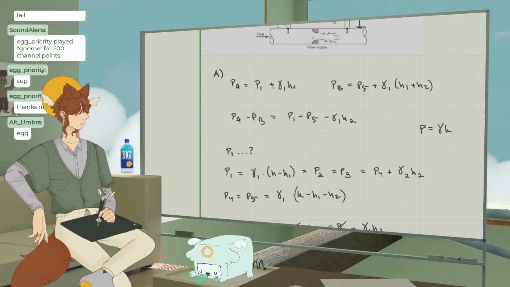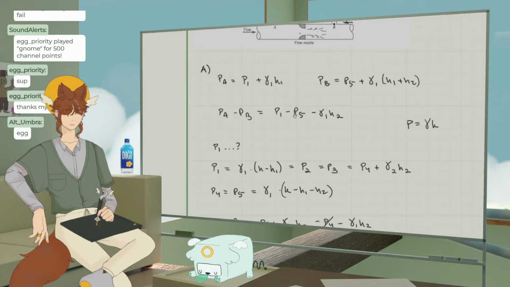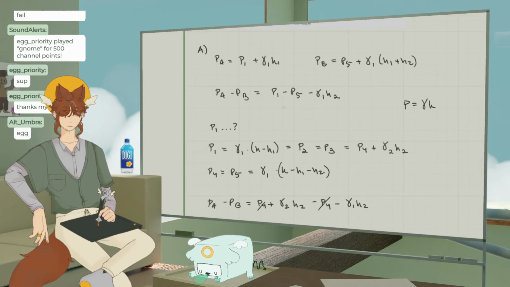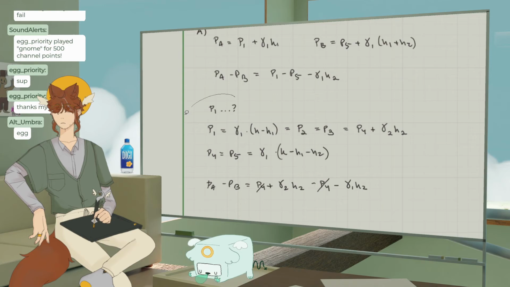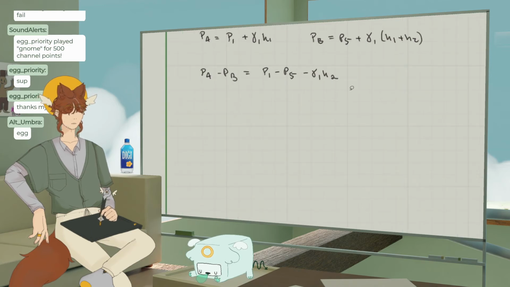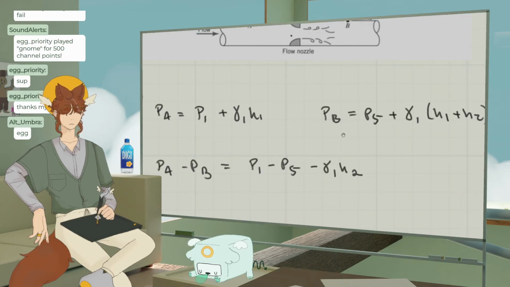Wait, let me try to do this without the height. I think I might be able to define this without the height if I just define it in terms of P5 and stuff. Let's try that. This one is chillin'. This is using the methodology that we were doing on problem 4.